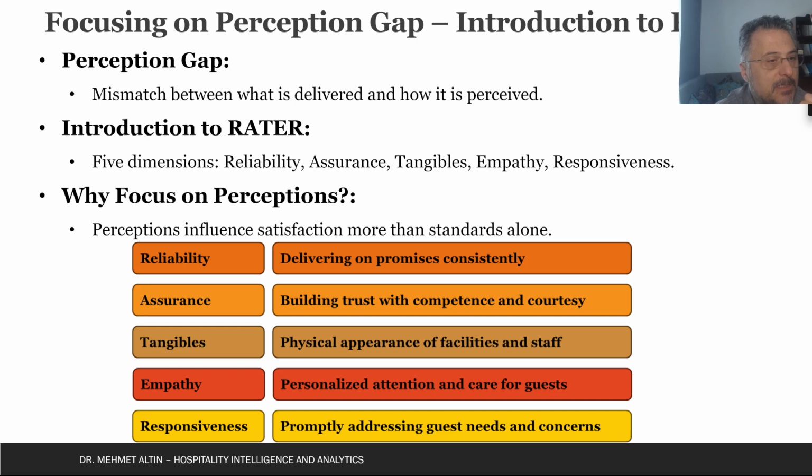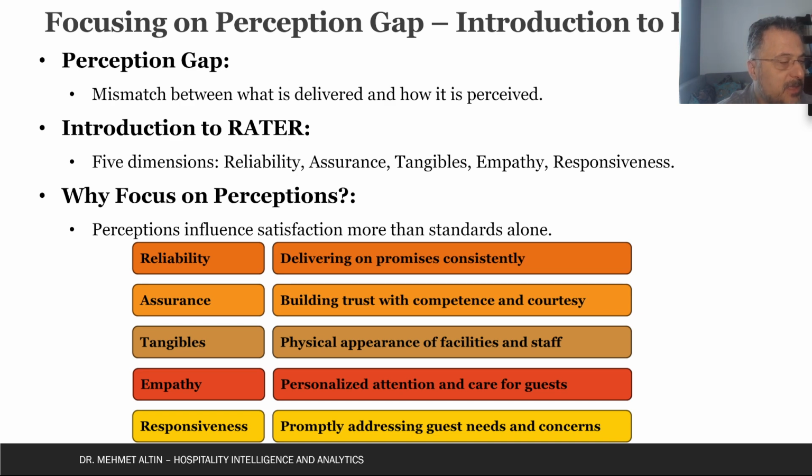The perception gap was the mismatch between the service that is actually delivered and how the guest perceives it. Once again, this is the important part: how they perceive it. Because in certain instances, the hotel might meet all the service standards, but the guest perception could still be negative due to many reasons, such as individual expectations, prior experiences, or even the small details we talked about, like body language and tone of voice.